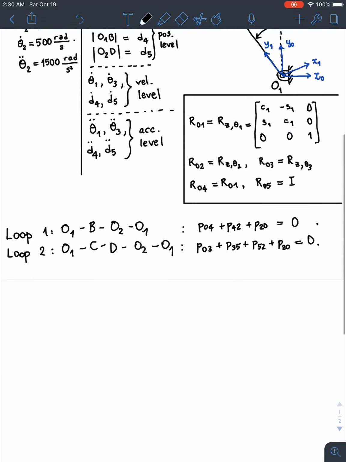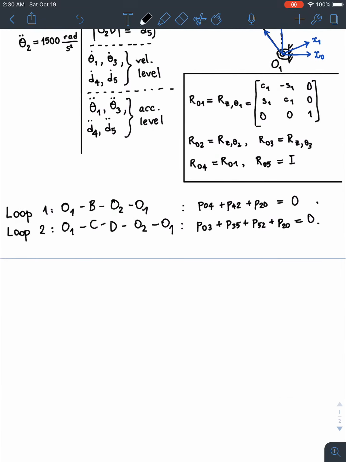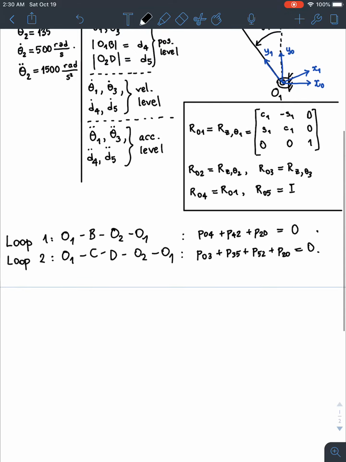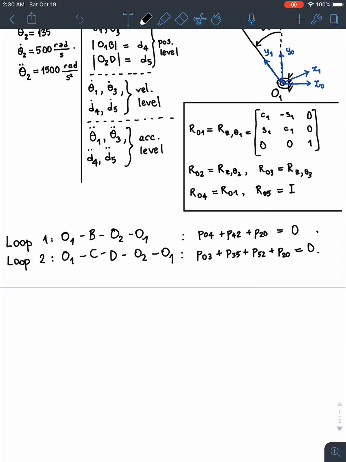And if you look at the Y1 direction written in the X0, Y0, Z0 frame, it will be the second column of the R01 matrix. So P04, let us look at the loop equation first. So this is going to be D4 times minus sine theta 1, cosine theta 1, and 0.